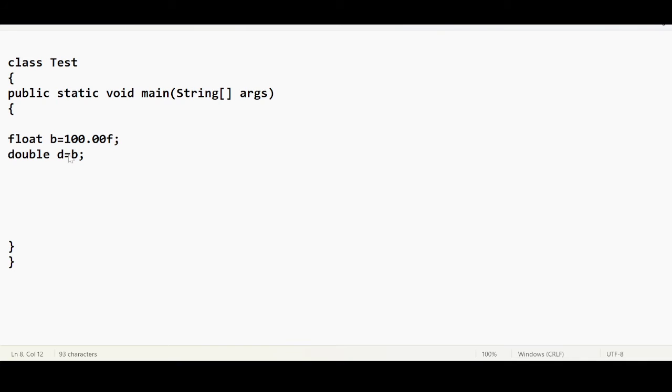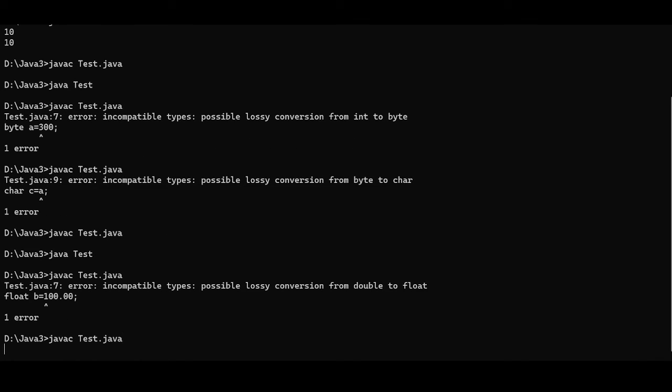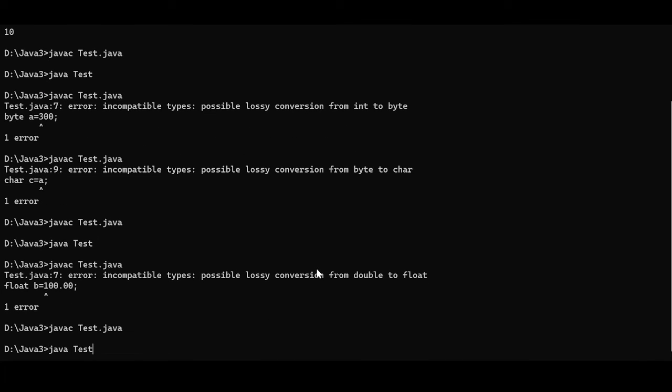Of course, it has to do with the promotion. Before even thinking about the promotion, first of all, we need to focus on the value, whether the value is compatible, falling within the range, or defined correctly or not. When you use float, it is your duty to also suffix the value with F. Making sense? Now this is possible. So no compile time error.